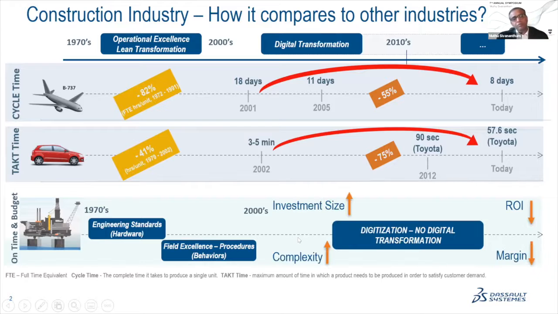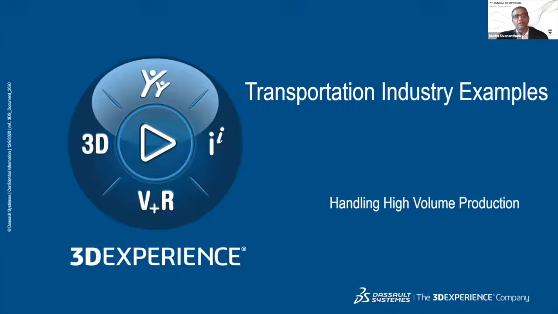Then we also implemented some behavioral changes, maintenance procedures, etc. But since the 2000s, although the investments went high and the complexity of projects grew manyfold, the ROI and the margins started going in the other direction. So what can we learn from these digital transformations, and how can we take a page or two from their book and apply it to our industry?